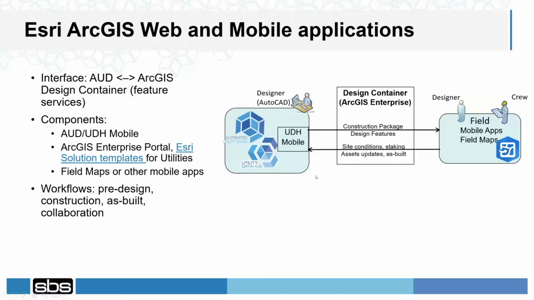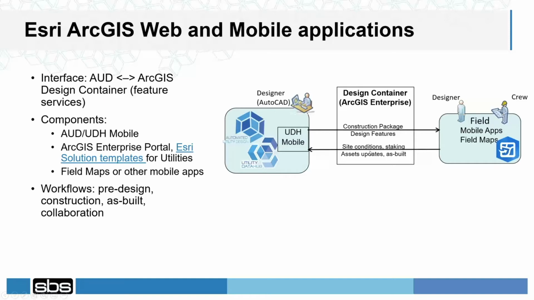So for ArcGIS, Utility Data Hub Mobile allows us to integrate bidirectionally with field mobile applications and web applications using Design Container. And Design Container for Esri is implemented as ArcGIS Enterprise portal, and so the design features and the construction packages are available as layers in ArcGIS Enterprise hosted feature layers.